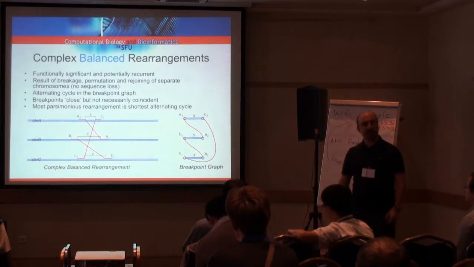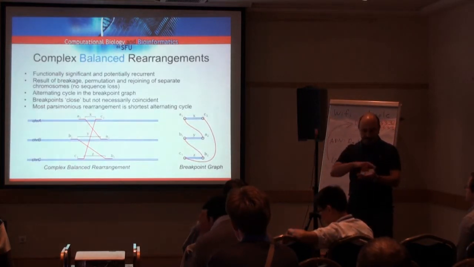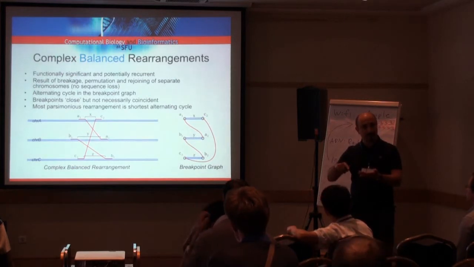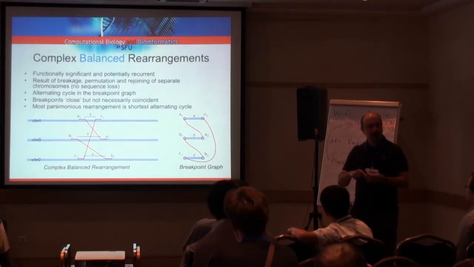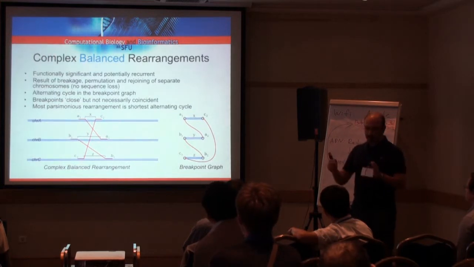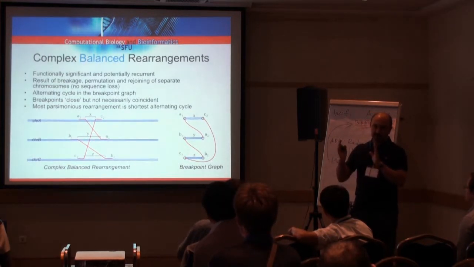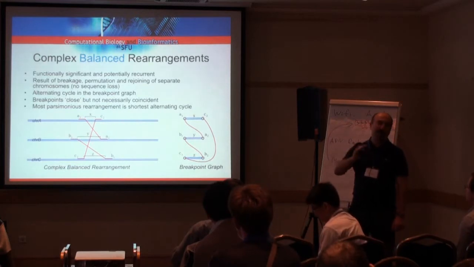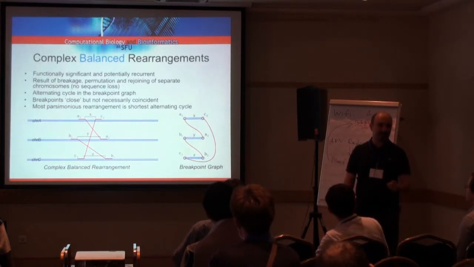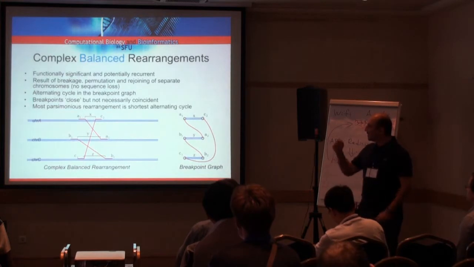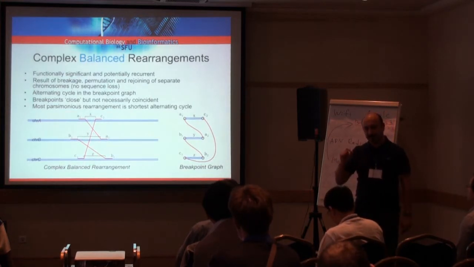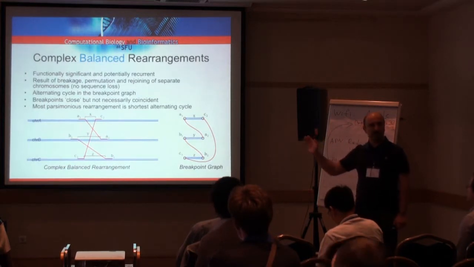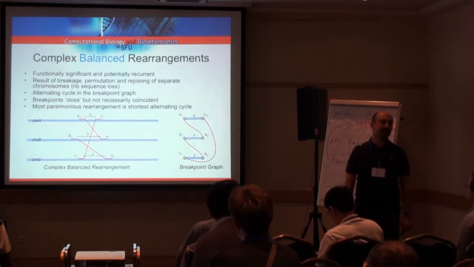In the complex balanced rearrangement case, we look for a cycle in the digraph that we have. This is a bipartite graph in which you have, I have to get into some depth, maybe after the talk. But the key issue becomes coverage of these breakpoints with the smallest weighted cycles.